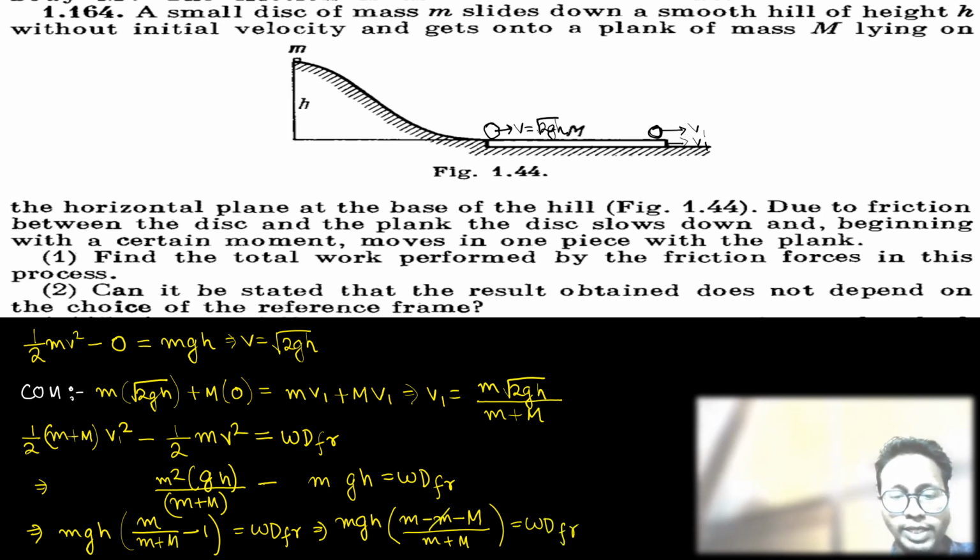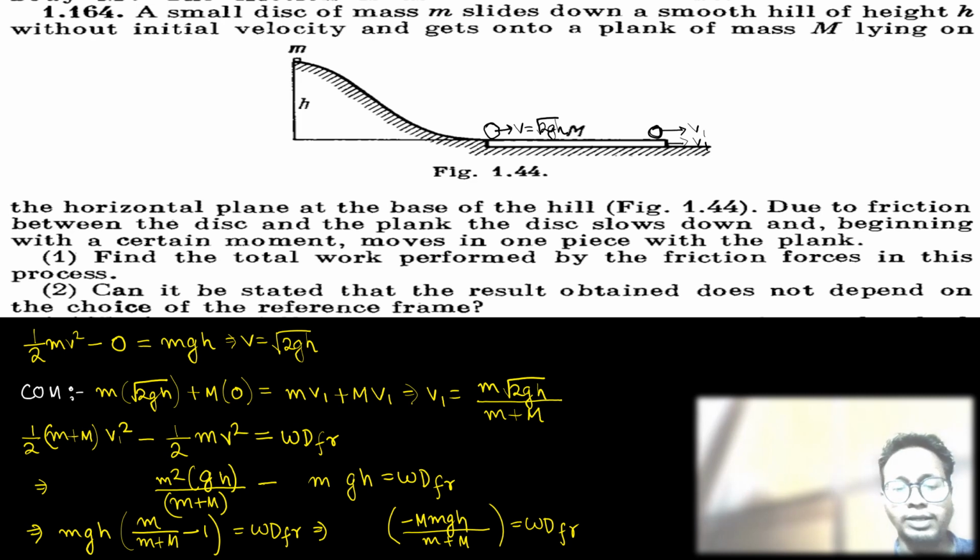Okay, so m and m would get cancelled, so it would be minus m by m plus m. So work done by friction force would be minus m into mgh. I'm just multiplying these values inside the bracket. Okay, so work done by friction force is this value, or work done by friction force is negative.